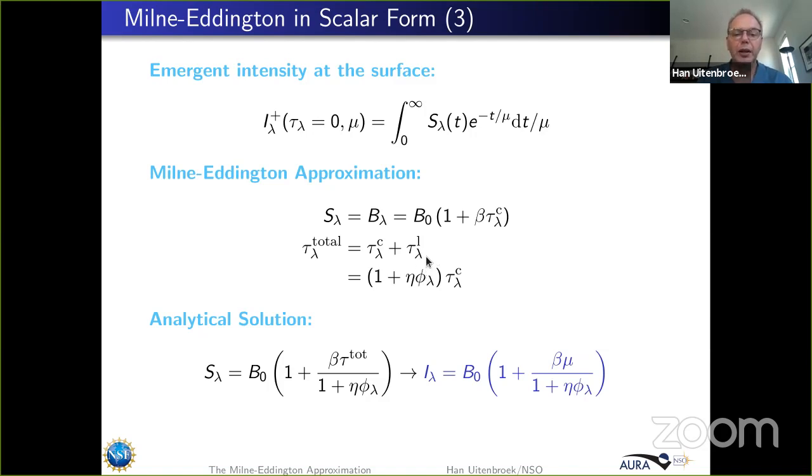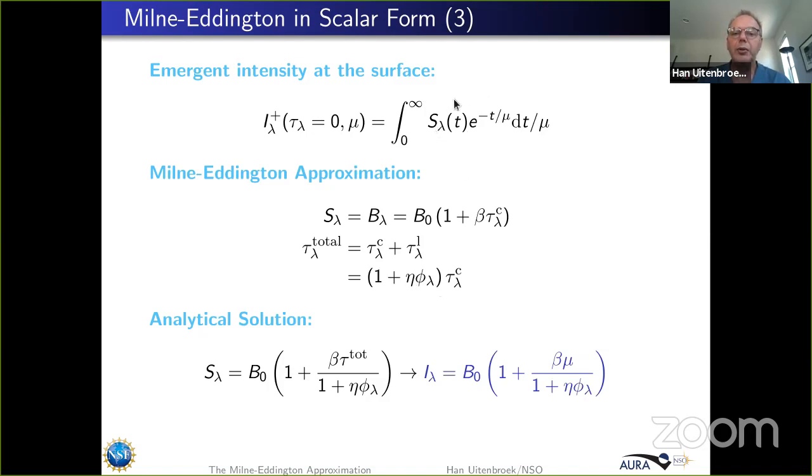And we can do this because the line properties are all constant with height. We can write this as a ratio eta of the line core opacity over the continuum opacity, times the normalized absorption profile, and we come back to this absorption profile a little bit later, times the continuum optical depth. So the continuum optical depth is the total optical depth divided by 1 plus eta phi.